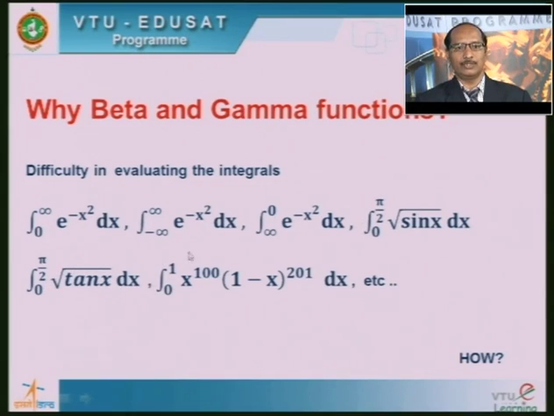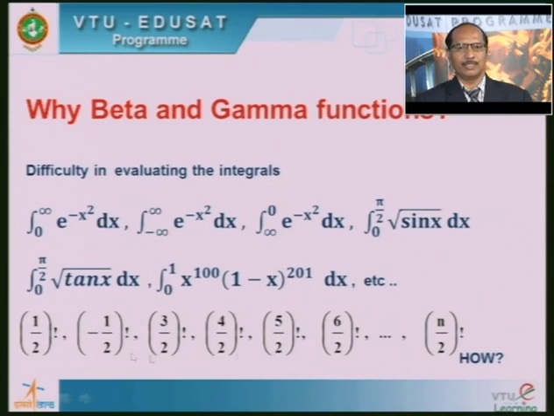See another integral, 0 to 1 of x to the power 100 times (1 minus x) to the power 201 dx. We can use substitution, but it may be lengthy or difficult to evaluate. These are also useful to calculate fractional factorials. We have not studied till today; we can find factorials only for positive integers: 1 factorial, 2 factorial, 3 factorial, any positive integer factorial we can find easily.